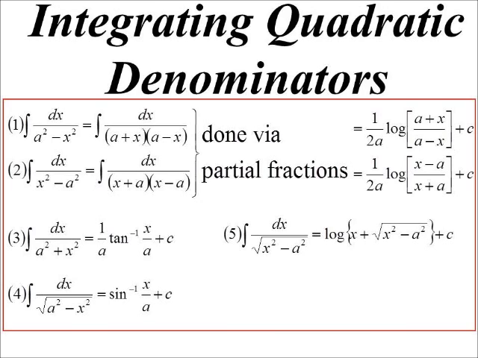I don't know why. But have a look at these two. They're very similar again. X squared minus a squared, and this one's a squared plus x squared under the square root sign. But notice the square root matches. So both of those are basically the log of x plus the square root of whatever the square root is. Okay, let's do one.